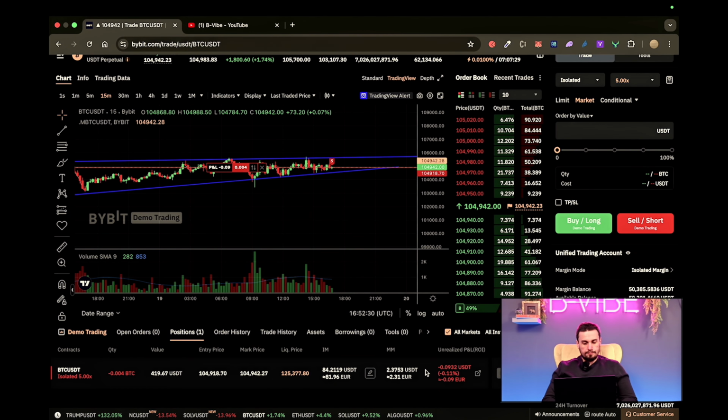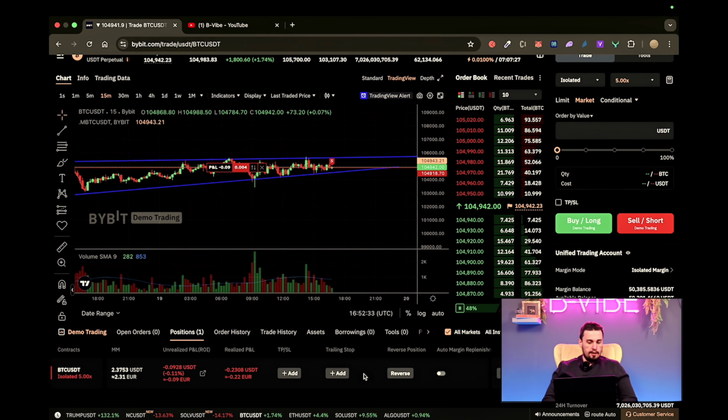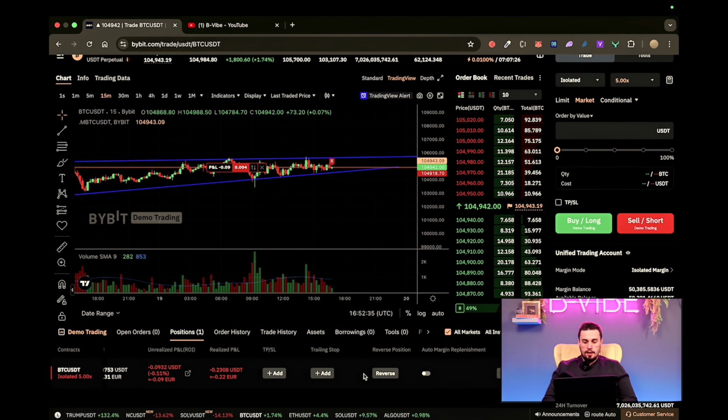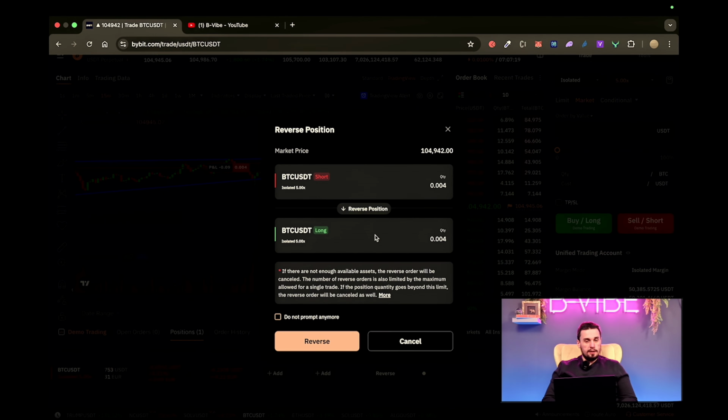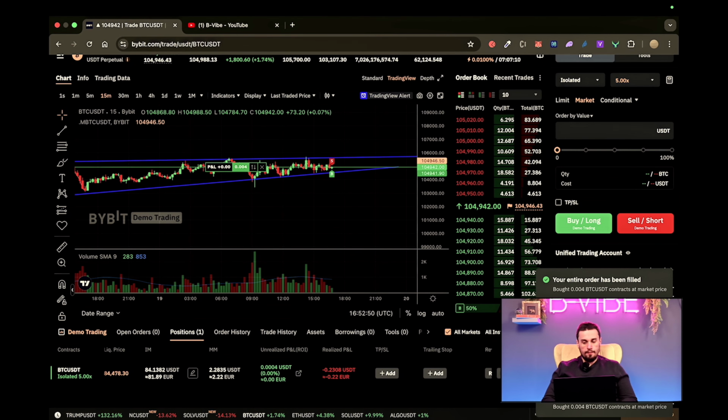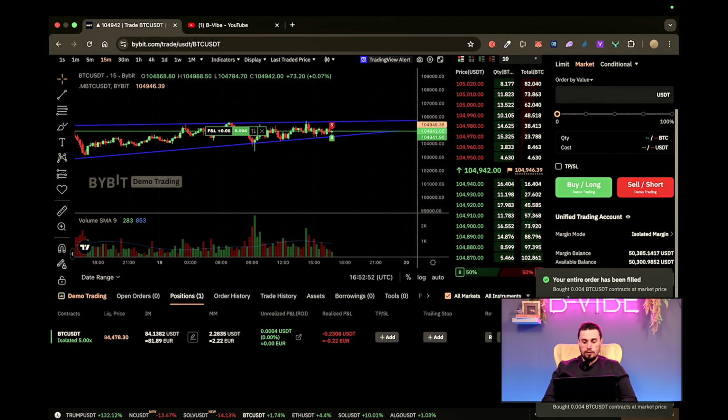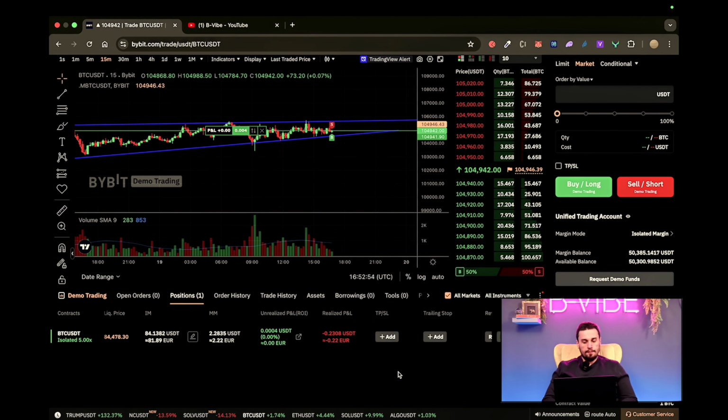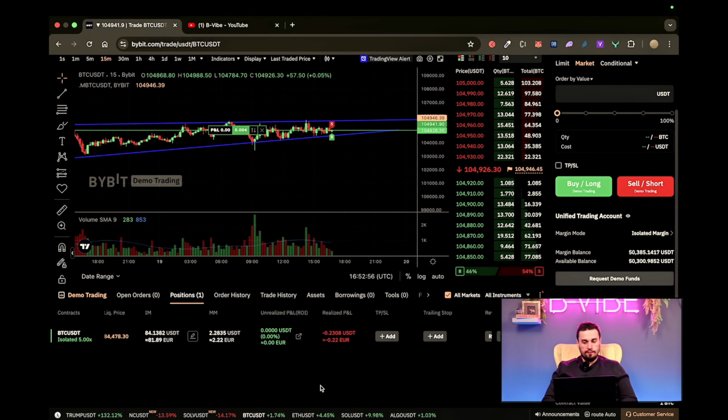That's why it's much nicer and simpler to use, very intuitively, one specific function to reverse the whole entire position. So I can now also switch from a short to a long, and that's it. These are the possibilities that you can take on this platform for trading futures, long and short.